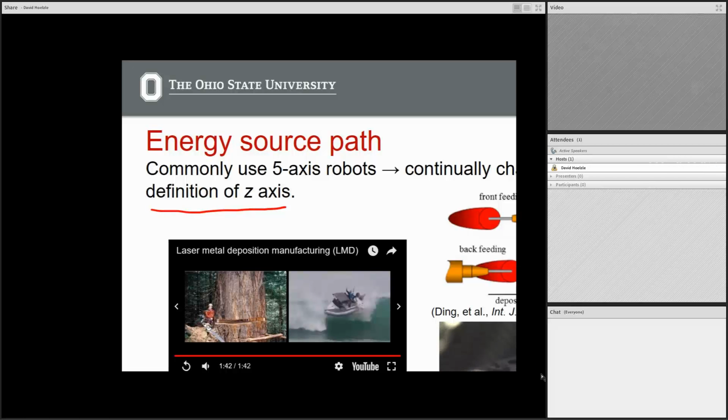They always want to keep it in the front feeding scenario where the weld pool is behind where they're going, so they have to rotate this table and build a proper corner to get this to work properly. Pretty complex robotics problem to pull this off.